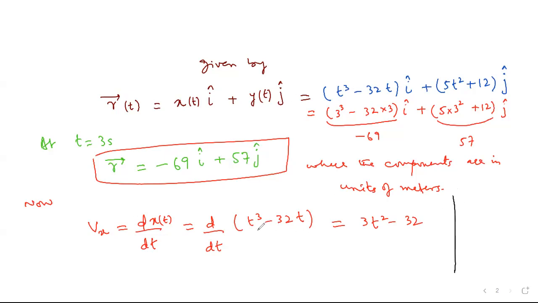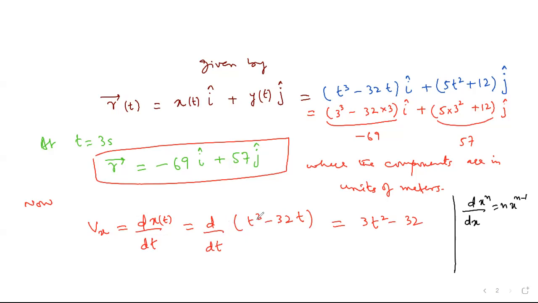I refresh your memory. I have used this formula. d by dx of x raised to n is n x raised to n minus 1. You can see here d by dt of t cube, derivative distributes over addition or subtraction.